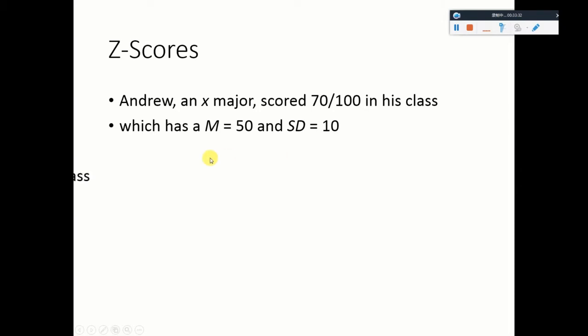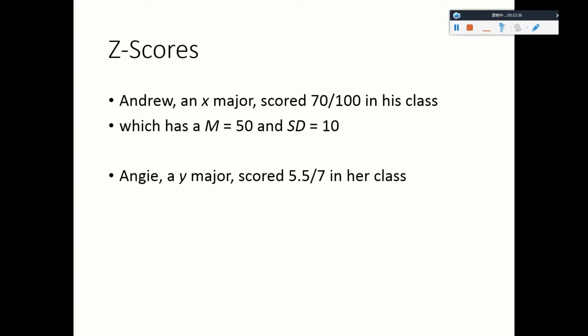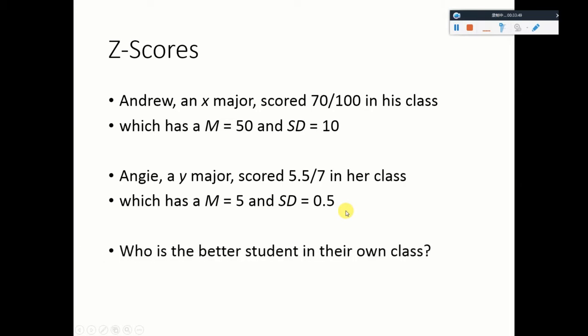Okay. Angie, a major of Y, has this average score, and she comes from a class that has an average value of 5 and standard deviation of 0.5. So who's the better student in their own class? How do we solve this problem? You should pause now and think about it for yourself.